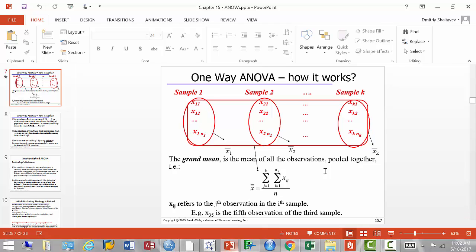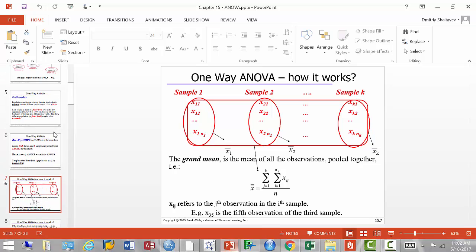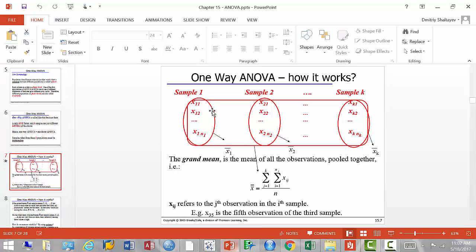And the null says that means are the same. What will it tell you? The average of my sample 1, I'm going to call it x1 bar, is close to the average of sample 2, x2 bar, right? If null is true, I can expect all of my sample averages to be close together.